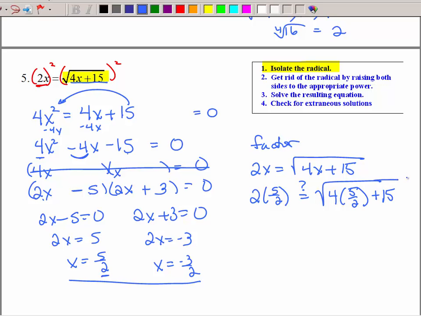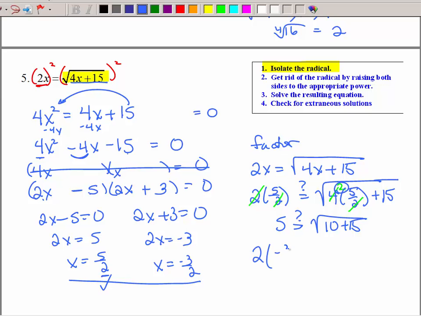Now the reason why it's not so bad is that you should be able to see that those reduce. So I have, does 5 equal the square root of 2 times 5, that's 10, plus 15? Well, yeah, 10 plus 15 is 25. Square root of 25 is 5. So that's okay. So the math really isn't that bad.